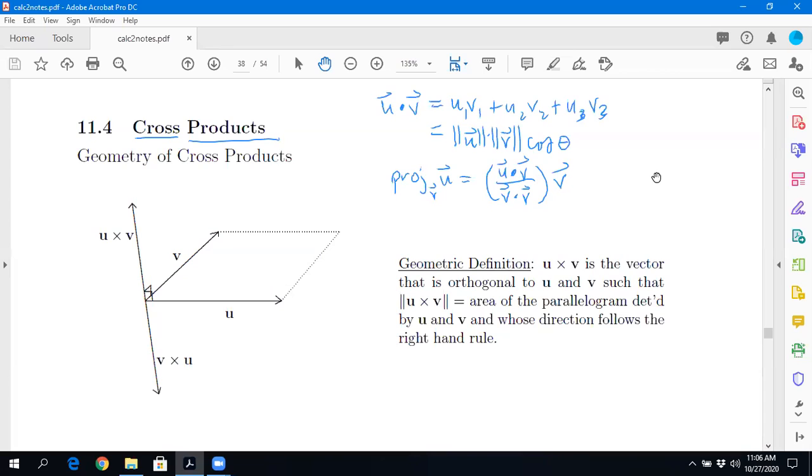Cross product. Now, I know that in physics, you are introduced rather quickly to both of these. How many of you have at least seen the cross product concept before? Comes up quite a bit. It's very useful. But in the end, what we try to do is described right here geometrically. So I want to give you an idea of the geometry of what the cross product is doing.